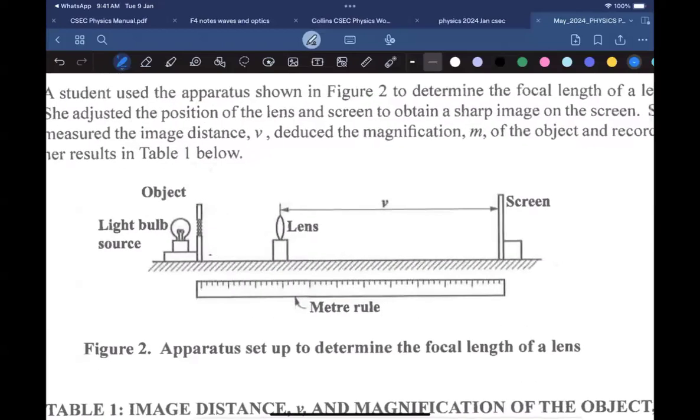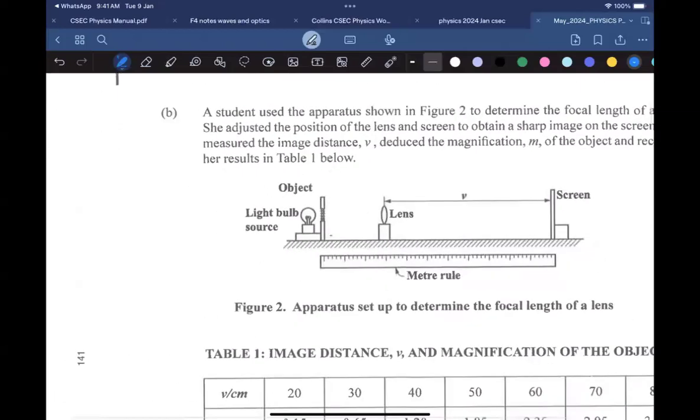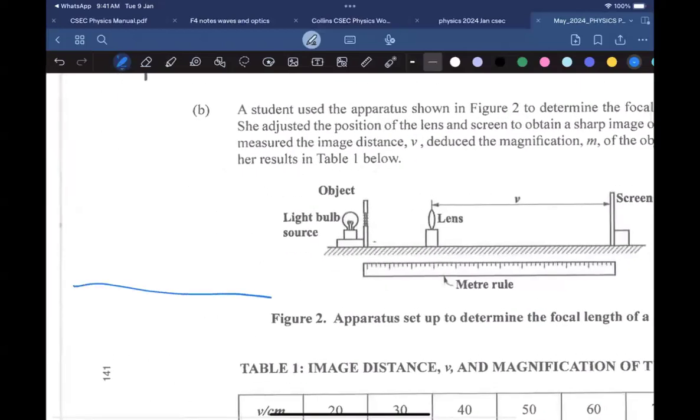All right, before we even continue, let me understand what's going on, right? We could draw this diagram any way we understand it, so let's do that real quick. My object is over here, so I just draw my object like so. And this over here, what kind of lens is this?